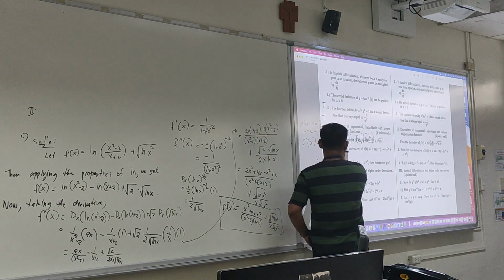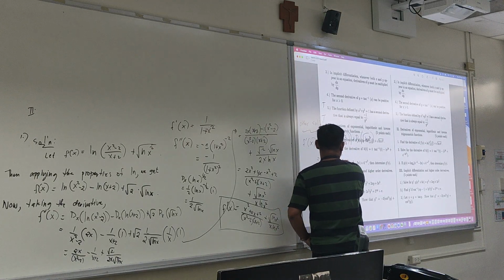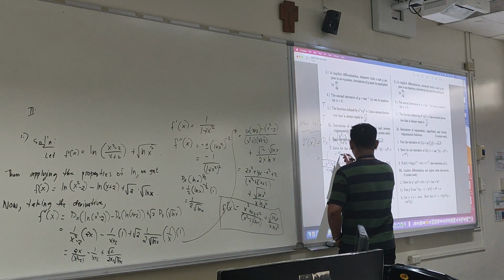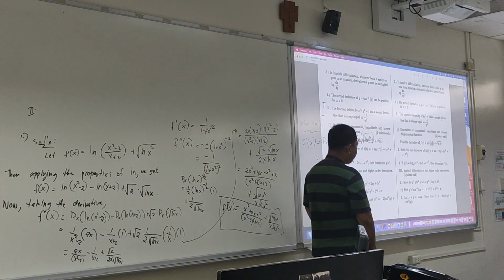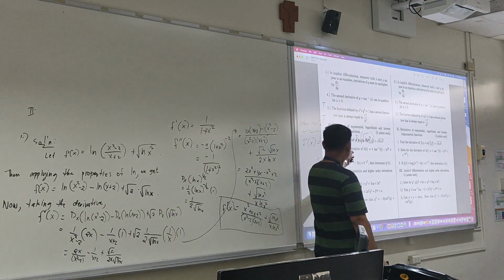So this is equal to, what is the derivative of ln? x squared minus 2 all over x plus 2 times the derivative of your u here.